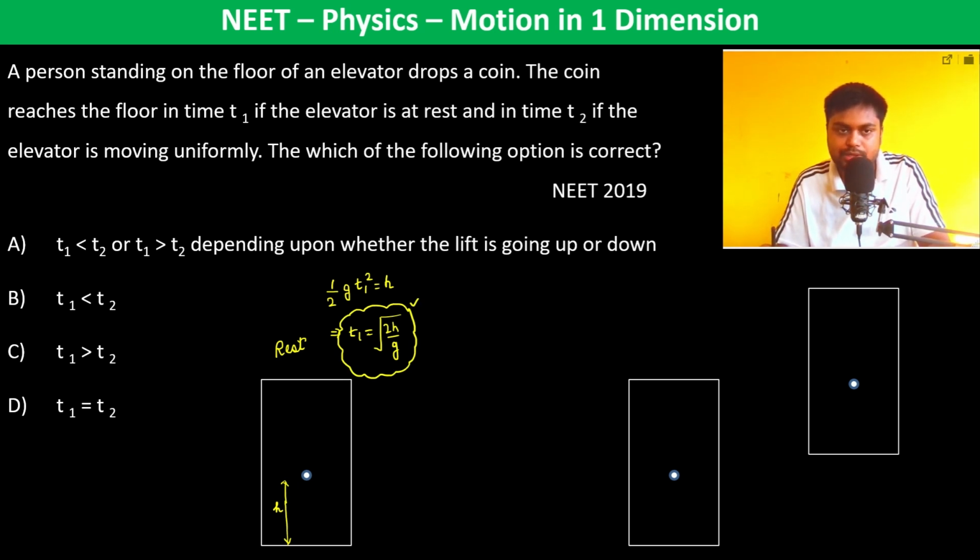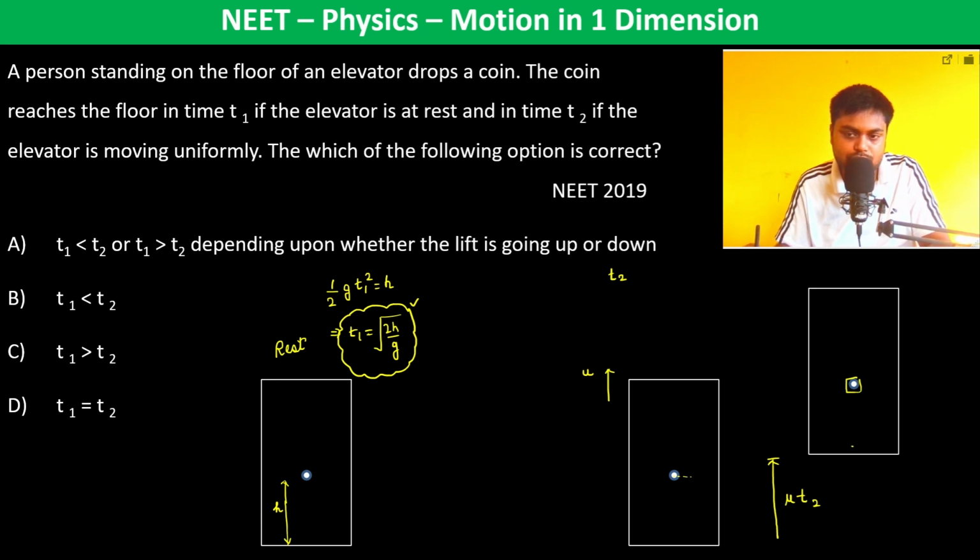And in time t2, if the elevator is moving uniformly, let us say with a speed u, and now the coin is dropped. So in time t2 the elevator has gone up by u into t2, and the coin has gone up by, now the coin is also dropped, so the coin's position is not this.